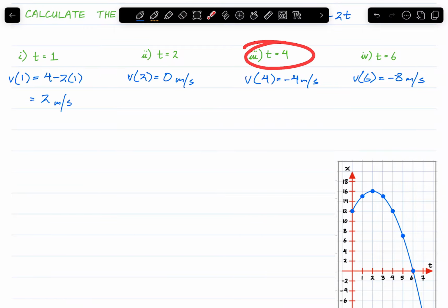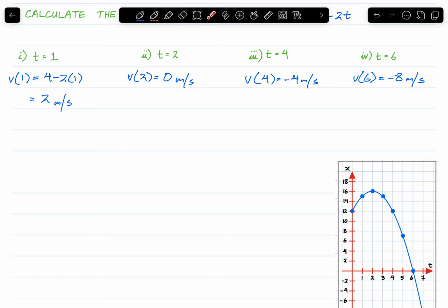Whereas at t equals 4, we can see that the gradient is negative. And so we, as a third person perspective, are seeing that the particle is moving at 4 meters per second negative, meaning back towards the starting point or the origin.